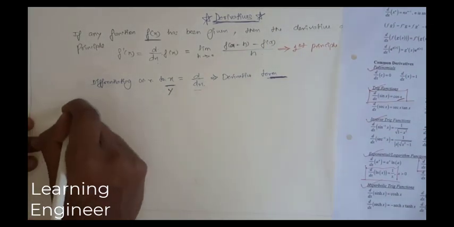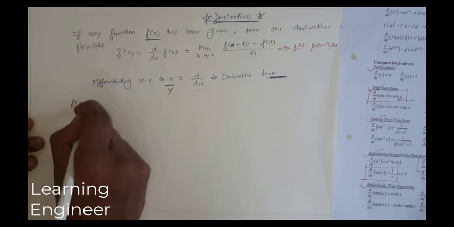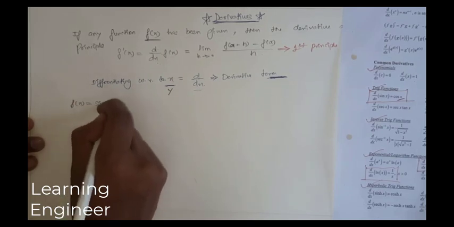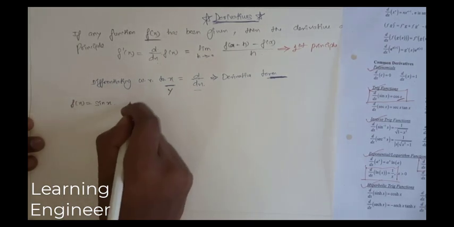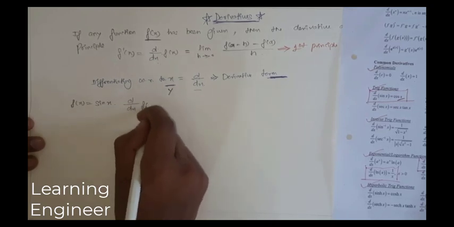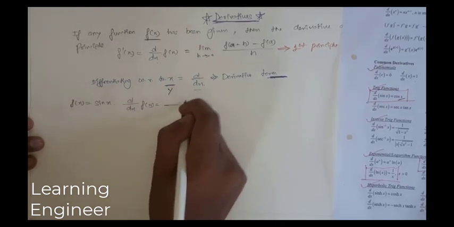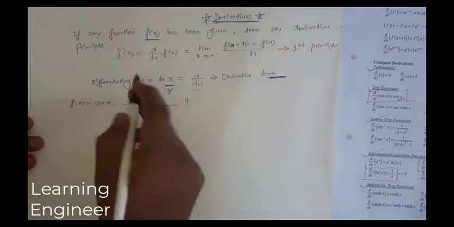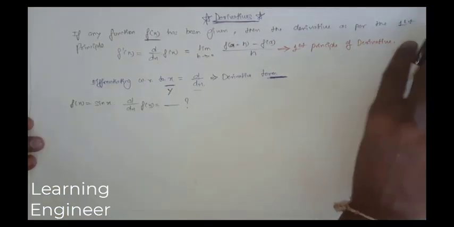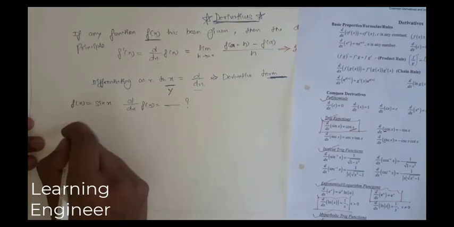What is the function? The function f of x is sin x. We want the derivative of this, d upon dx of f of x. But as per the first principle of derivative, what formula do we have?